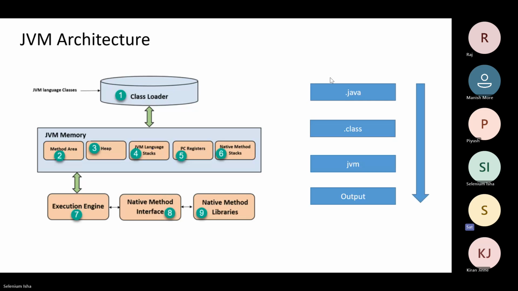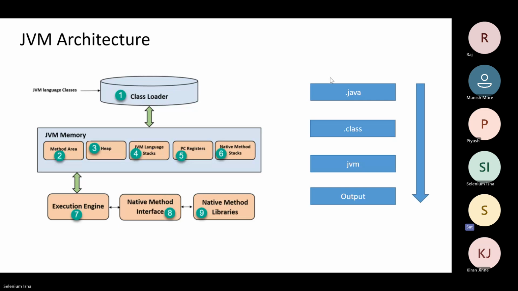When you deploy your Java code and it is going to run, your execution engine will convert your Java bytecode into machine-understandable code, and then it will get executed. Execution engine will take care of converting your Java bytecode to machine-understandable code, and it will go on to execute it.